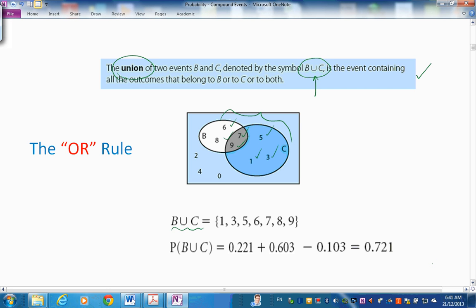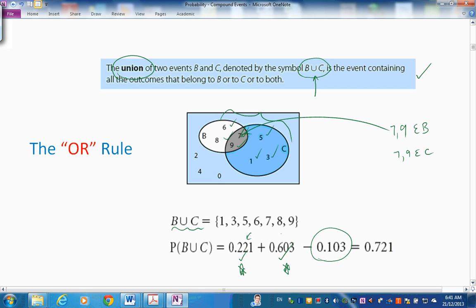Could you just add up the probability of B and the probability of C? Oh no, that'd be dangerous, wouldn't it? Because see, this intersection in here, the 7 and 9 are a member of B set, and 7 and 9 are also a member of the C set, or they are part of event B and C. So if we just came down here and added these 2 up, this number, 0.103, which is our probability of 7 and 9 from just what we did with the intersection, we would have counted that in here.